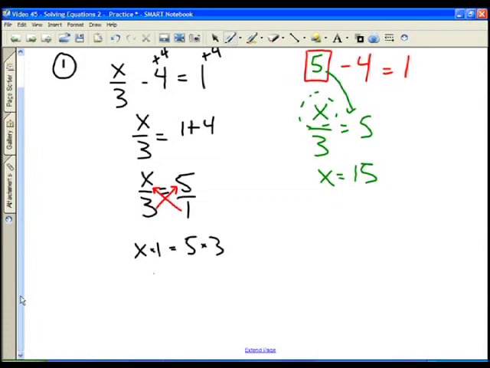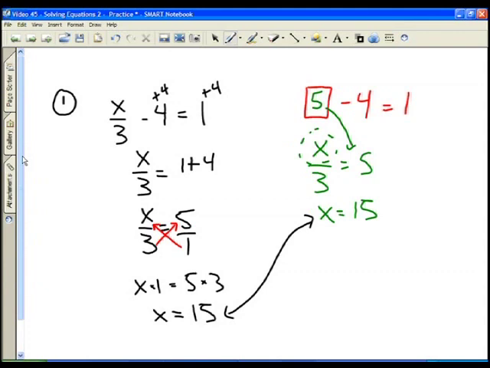And x times 1 is x, and 5 times 3 is 15. And so you see it's the same as what we thought it was going to be. If we do a little mental check here, we have 15 over 3 minus 4, and 15 divided by 3 is 5. 5 minus 4 is 1, and that is equal to the right-hand side.